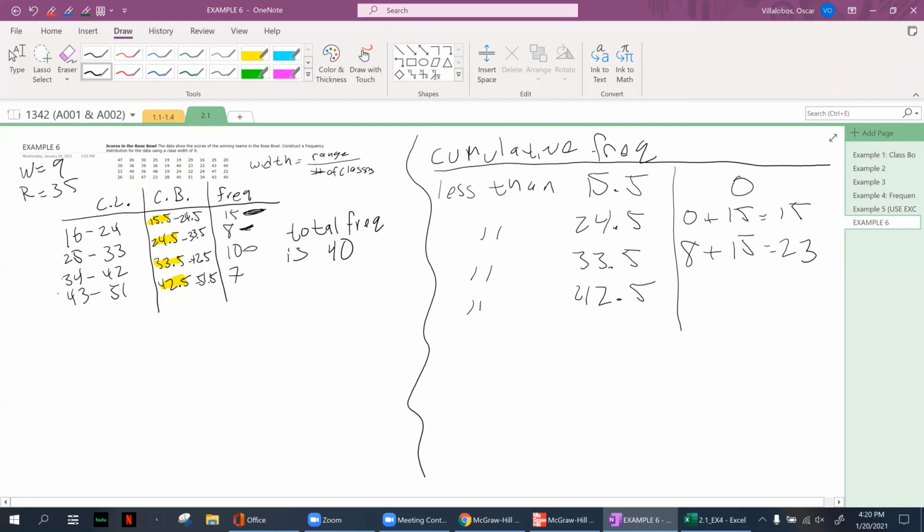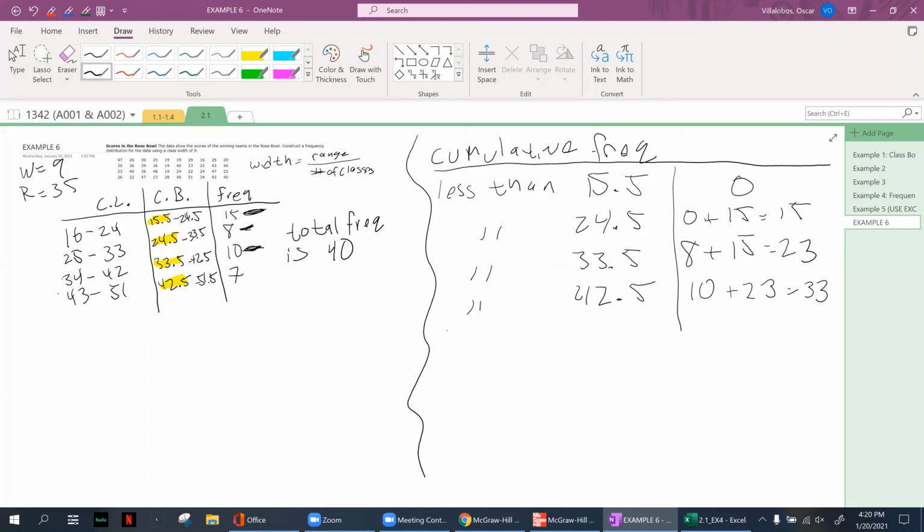And for the next one, I have 10, anything less than 42.5. This is going to be 10 plus 23, which is 33. Very nice.